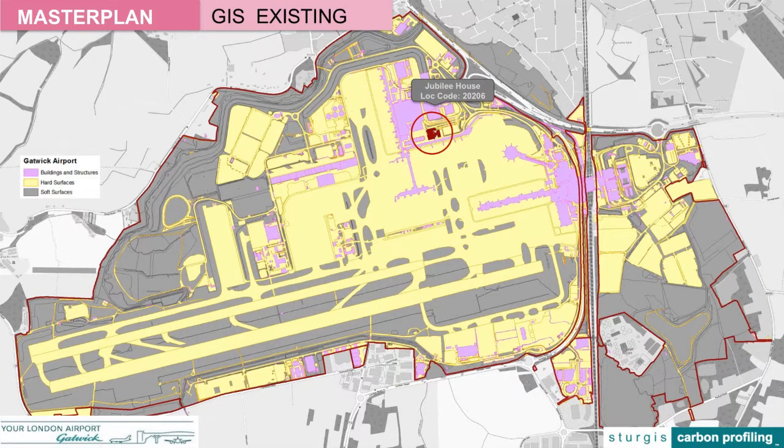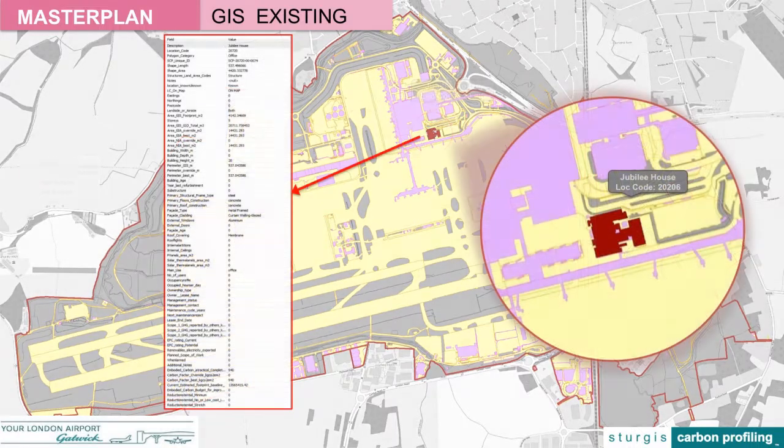So how does this work? For those of you not familiar with what a GIS map is, as I said, each of these is represented by a data sheet behind it. In this case, we've got Jubilee House, which is an office building, and behind that we've got a whole lot of data: product data, information about the structure, the cladding, and data we're really interested in from a carbon perspective.